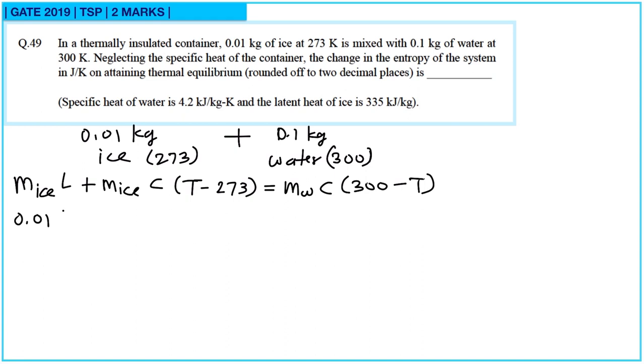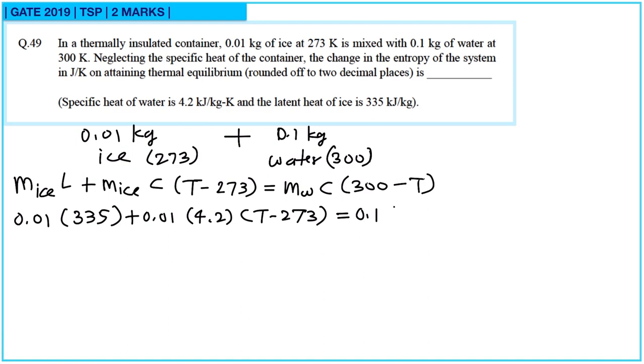So this will be 0.01 into latent heat, which is 335 kilojoule, plus 0.01 into its specific heat, 4.2 kilojoule. Let us write all these things in kilojoule only. So this will be 335 plus 0.01 into 4.2 into (T − 273).